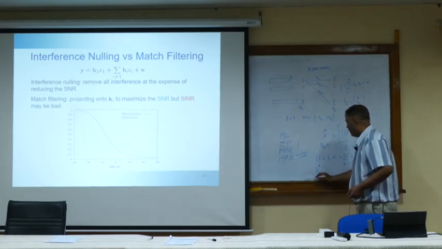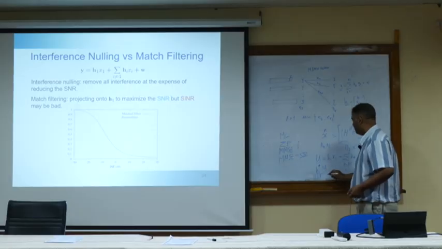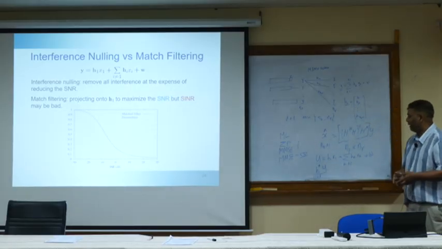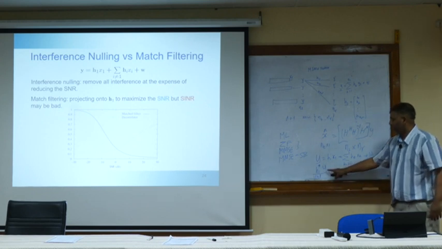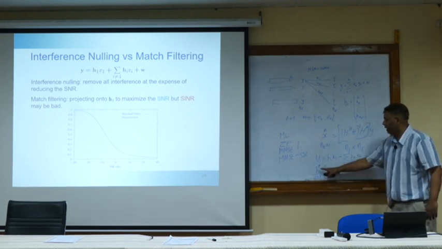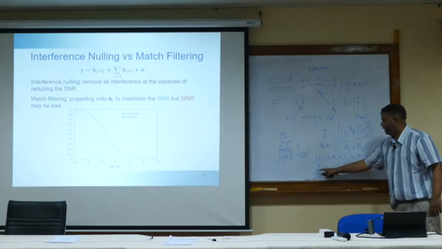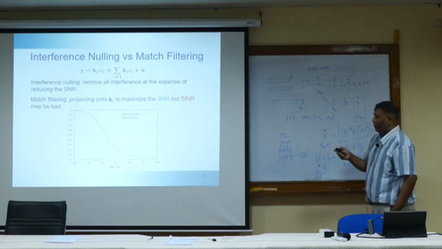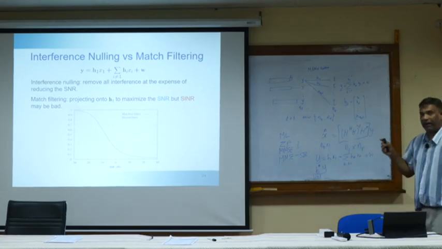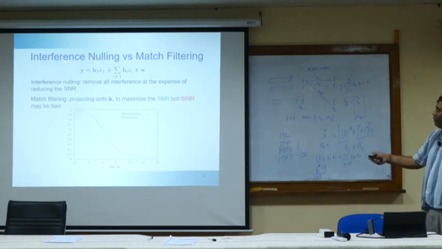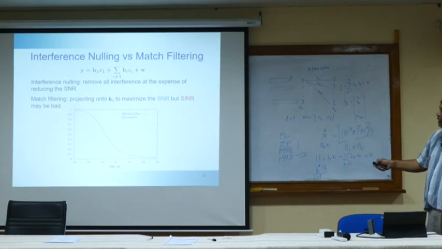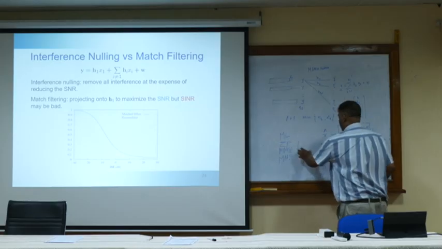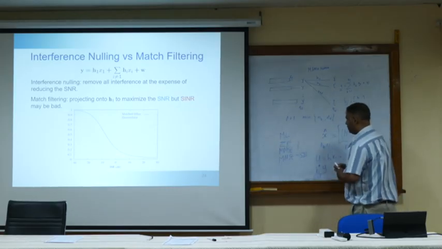This is the matched filter, or maximum ratio combining. You can use this kind of receiver as well. So we are now comparing interference nulling, which is the zero forcing receiver, and maximum ratio combining. There's one more receiver here.